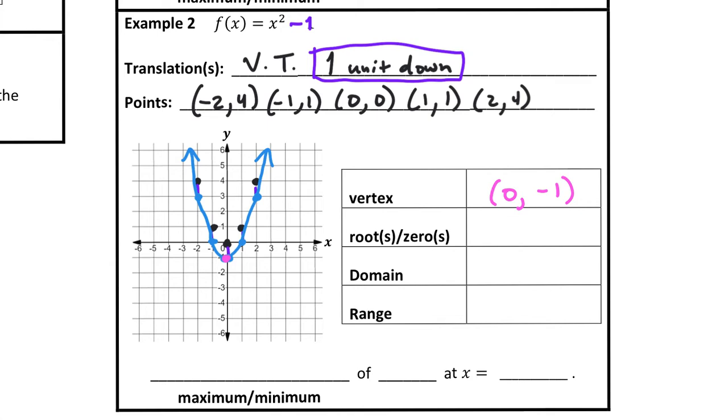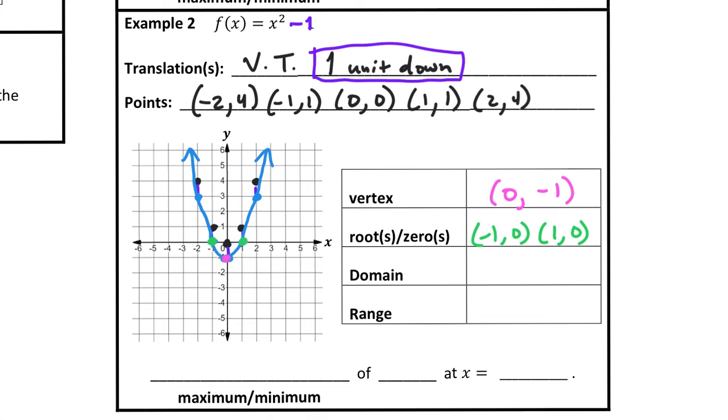And then I'm going to use a different color for the roots. Use green. So for the roots or the x-intercepts, they happen here and here. So they're happening at 2 locations, at -1, 0, and 1, 0. So these are the 2 x-intercepts here.